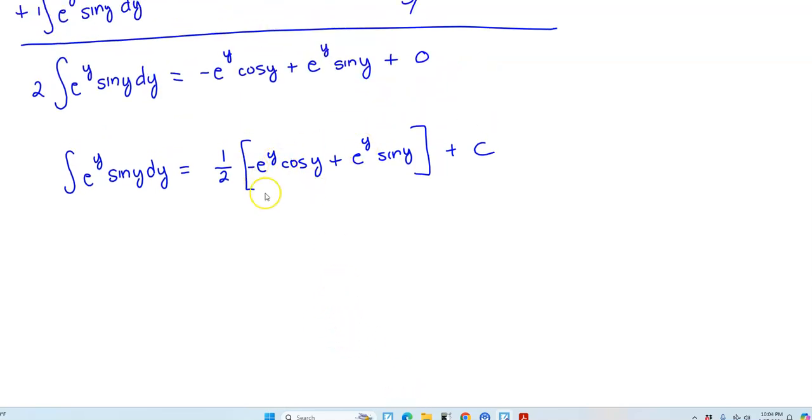And then we can factor out the e to the y. So we get 1/2 e to the y. We can write the sine of y first, since that's positive, minus the cosine of y, and that's plus c.